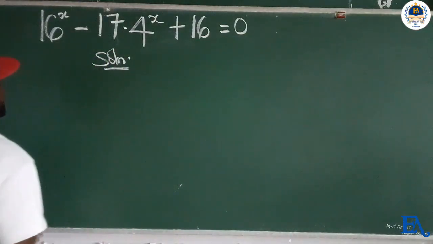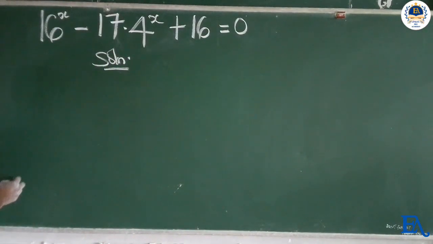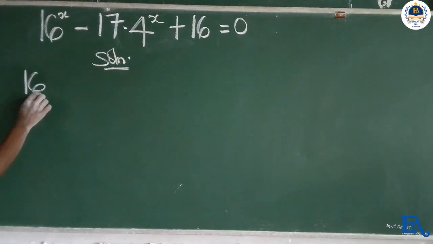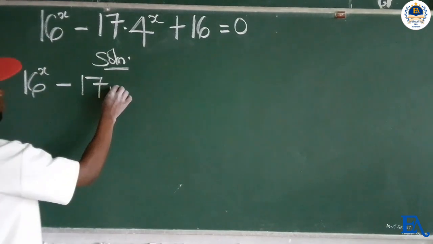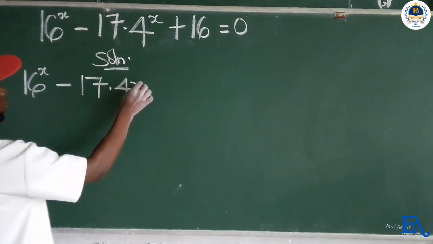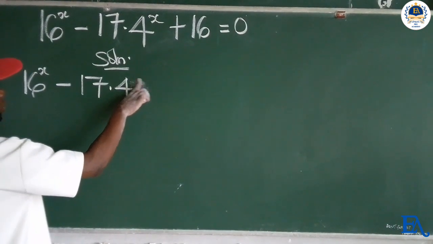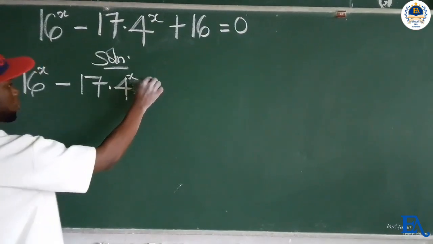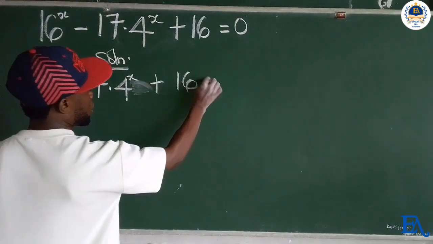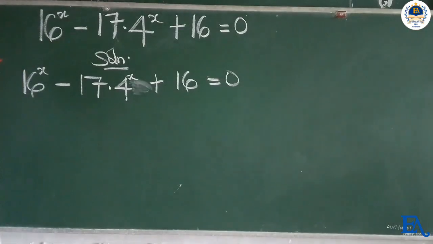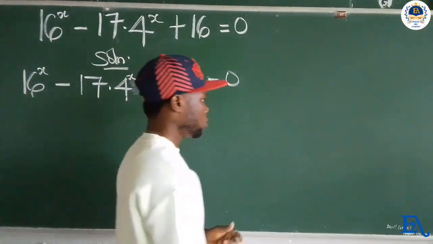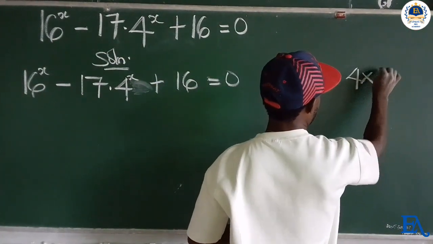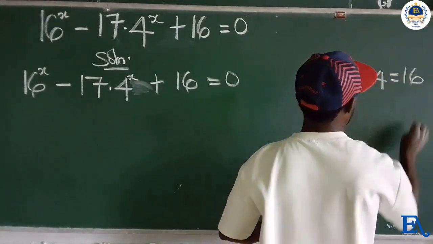Alright, let's do that. Rewriting the question, we have 16 raised to the power of x minus 17 times 4 raised to the power of x plus 16 equal to 0. 16 is basically the same as 4 times 4. 4 times 4 is equal to 16.